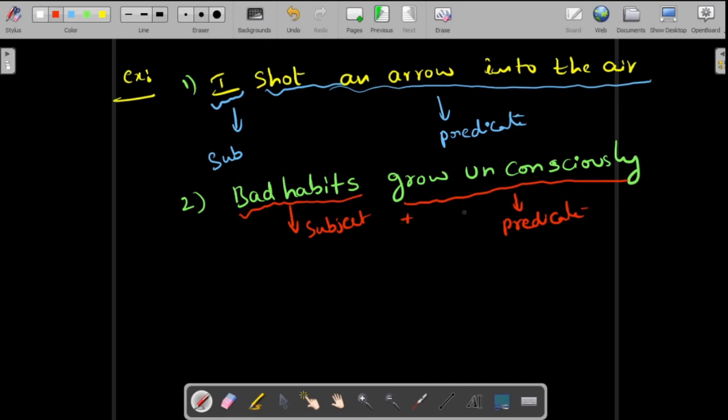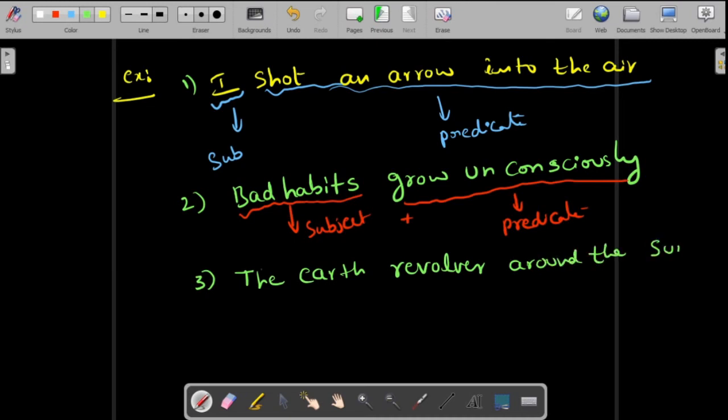Subject plus predicate is the sentence. Next, move to the third example. The earth revolves around the sun. In this, the earth is the subject. Okay, revolves around the sun is the predicate.